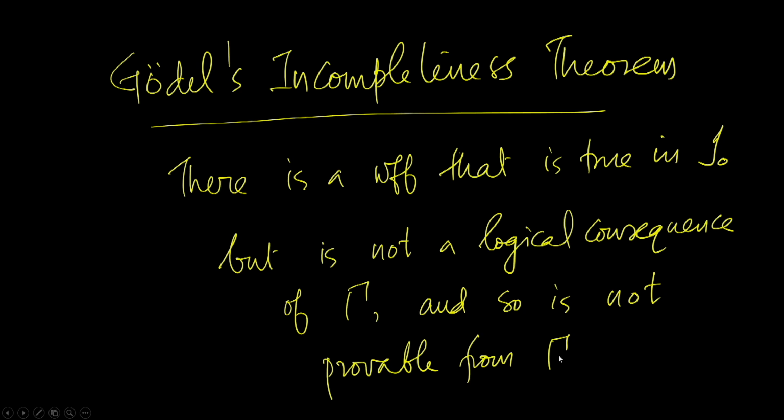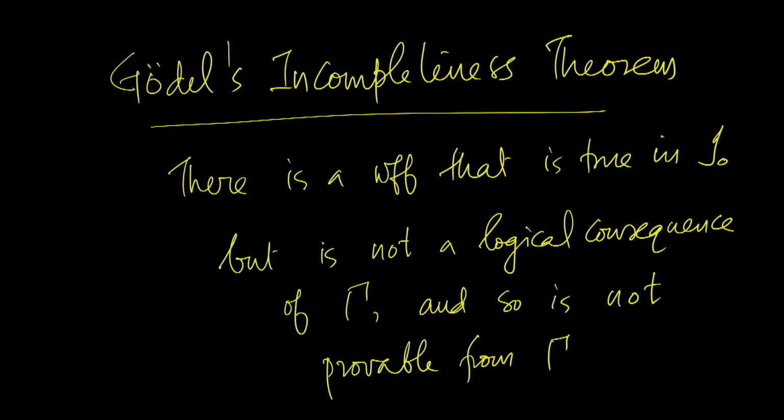That is because by the soundness and completeness of the first order system, where we obtain completeness from Gödel's completeness theorem, what we know is that logical consequences of gamma are exactly the statements that are provable from gamma. Therefore, if there is a statement that is true in I naught which is not a logical consequence of gamma, then this statement will not be provable from gamma.